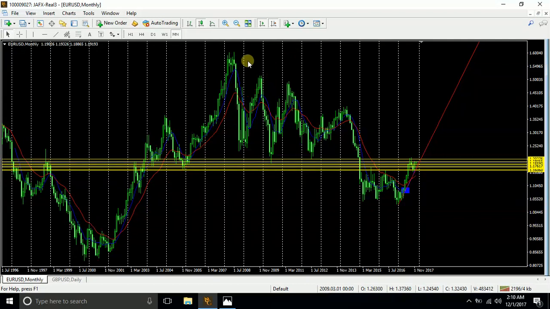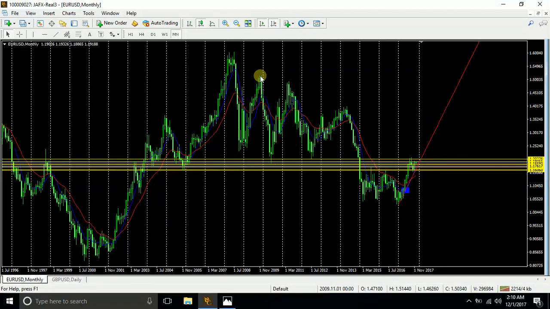Now, based on the highs and lows after this, we have a low, high, low, high. Here, we have a low and a lower high. So a lower high than the previous high confirms the trend could possibly be changing or going into a range.